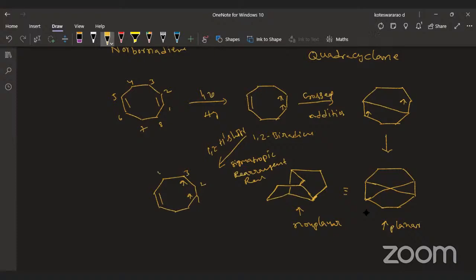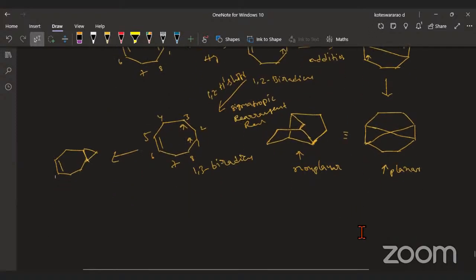One, two, three, four, five, six, seven, eight. This is the 1,3-biradical, which on further cyclization leads to the formation of a 7-member ring fused to a 3-member ring. The double bond is here. This is one of the intramolecular cross-reduction reactions. Next, oxidations using singlet oxygen.